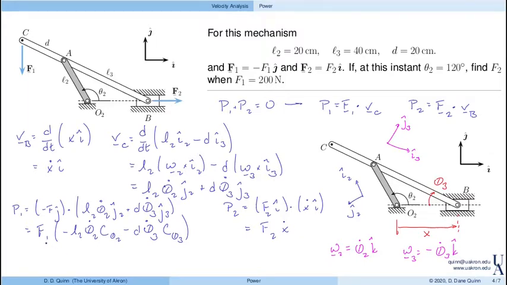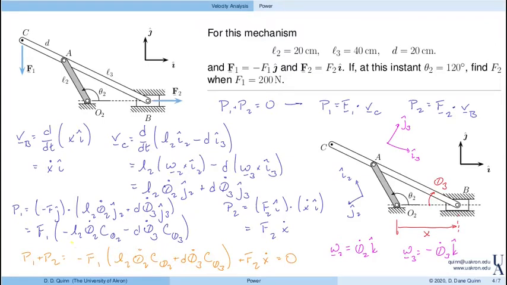So at the end of this, P1 plus P2 becomes, let's do that in orange, minus F1 times L2 theta 2 dot cosine of theta 2 and D theta 3 dot cosine of theta 3, plus F2 X dot equals 0.